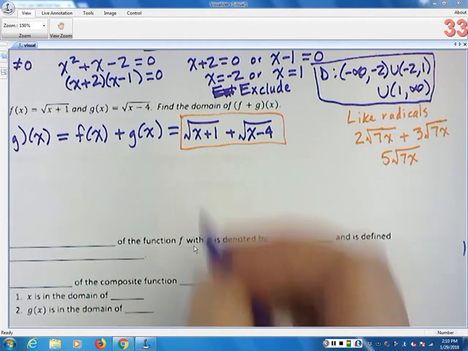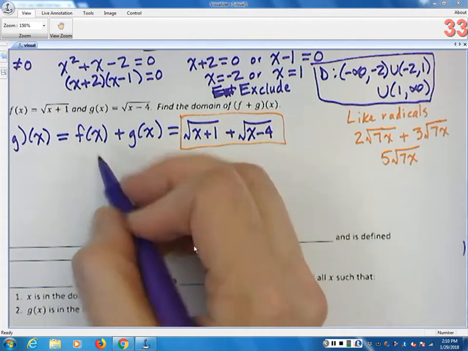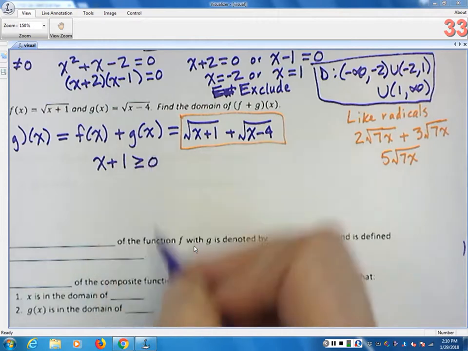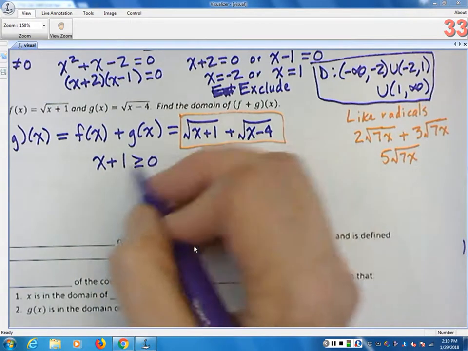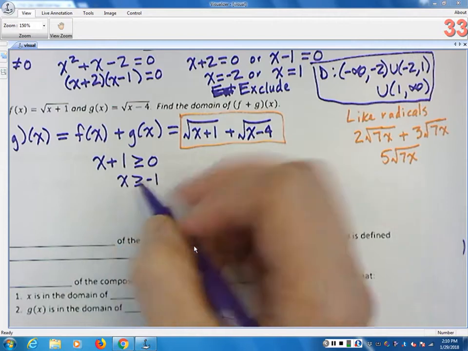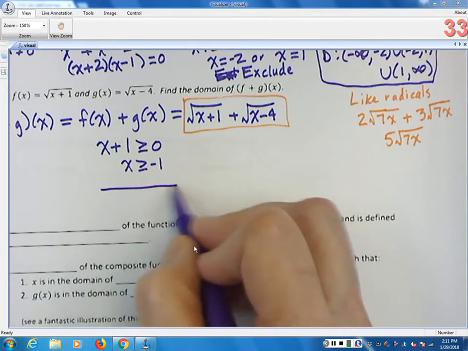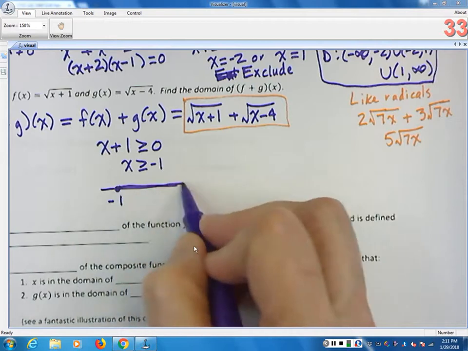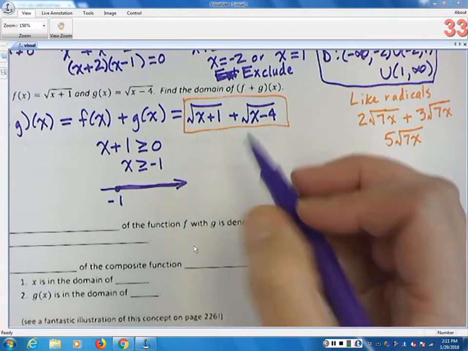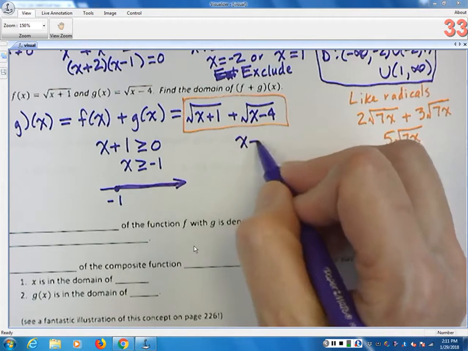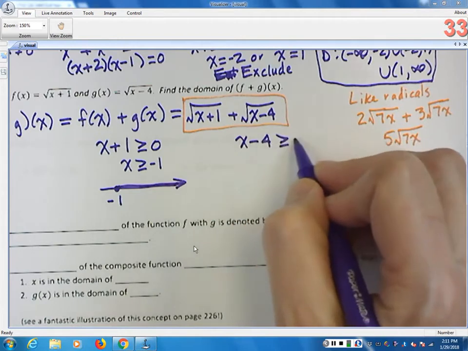So for this function, we need to make sure that x plus 1 is greater than or equal to 0. And we subtract 1, we get x greater than or equal to negative 1. That's negative 1 up. But this part, x minus 4, means that x minus 4 has to be greater than or equal to 0.